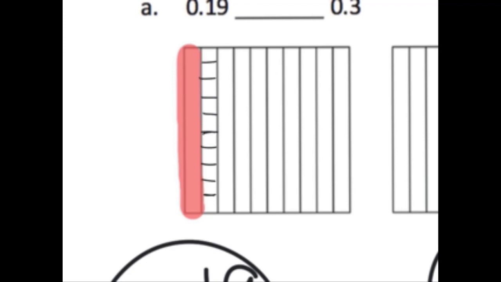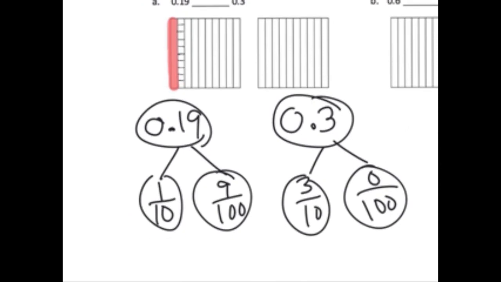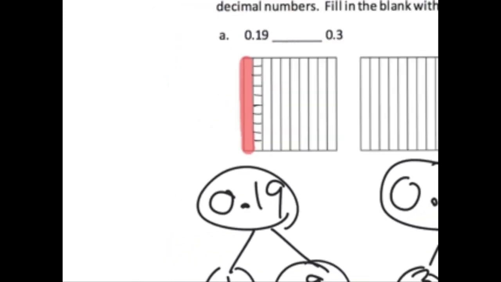And because we need to shade in 9/100, I'm going to zoom in and shade in 9/100. So that's going to be 1, 2, 3, 4, 5, 6, 7, 8, 9.